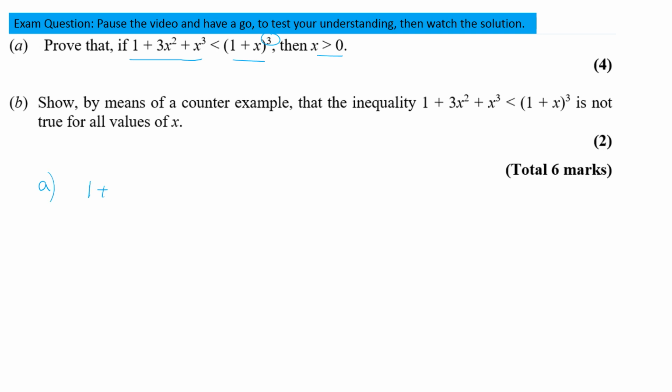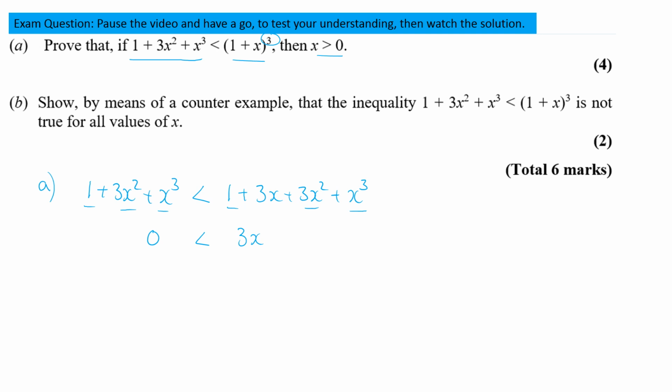So 1 plus 3x squared plus x cubed is going to be less than, when we expand 1 plus x all cubed, we're going to get 1 plus 3x squared plus x cubed, and we can see we've got 3 terms here are the same 3 terms there. So if we take them off both sides, you're going to get 0 is less than just this one remaining term, which is the 3x.